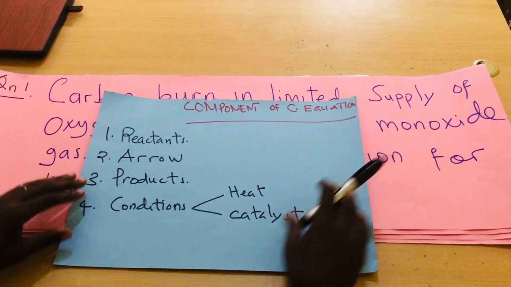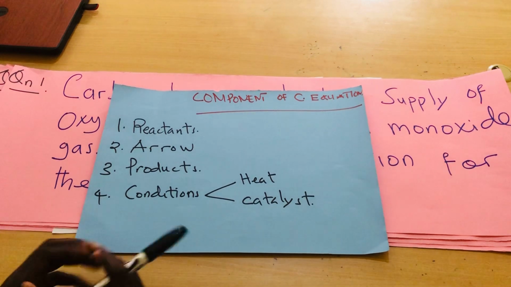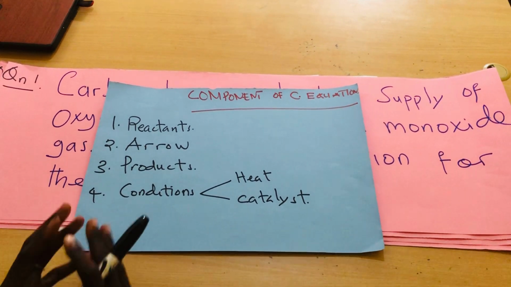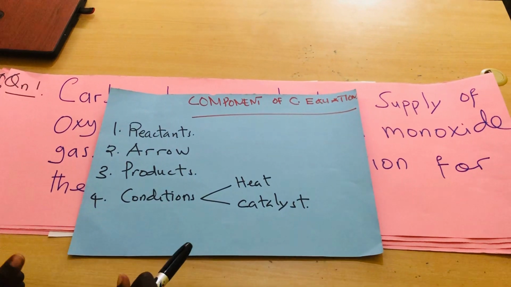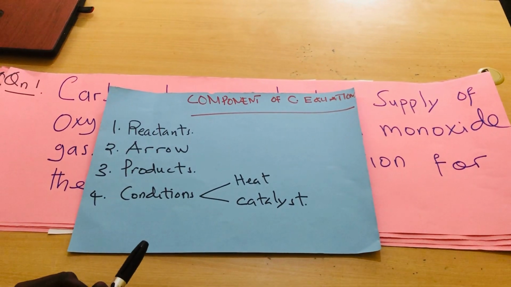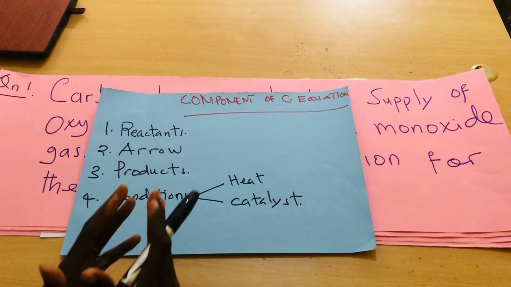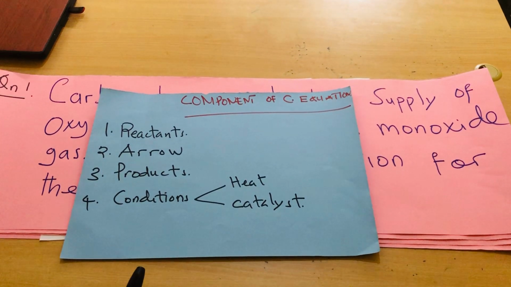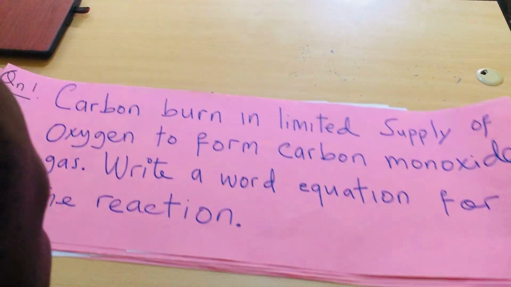So before you write a word equation or formula equation or ionic equation, you need to identify reactants, arrow, products, and conditions from the equation. From there, you can be able to solve those questions. Take example of this question number 1.